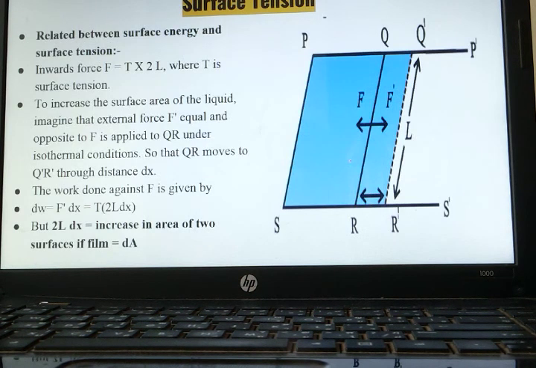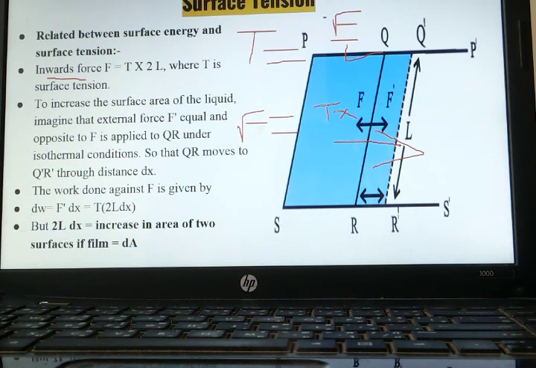Now, what are we doing? We are providing an inward force and trying to pull it in the opposite direction. We know the formula that tension is equal to F upon L. As we are trying to pull it in the opposite direction, F can be written as T into L. But we have already seen tension acts on two surfaces, so we can write T into 2L.